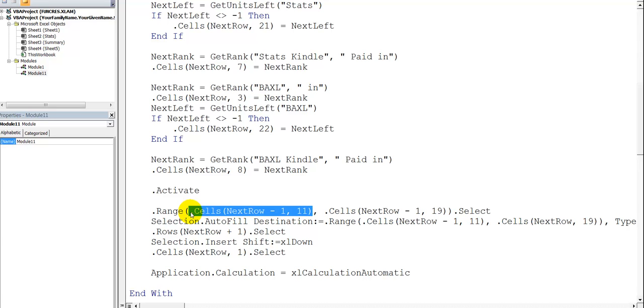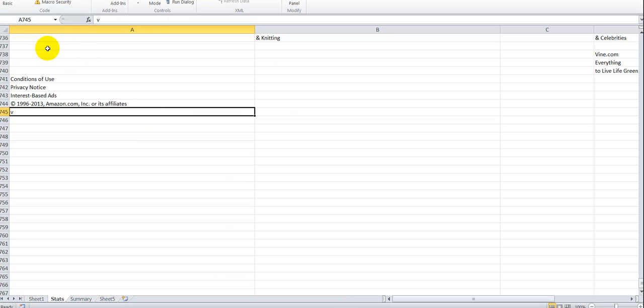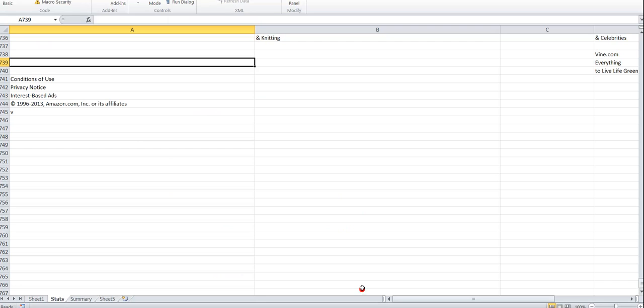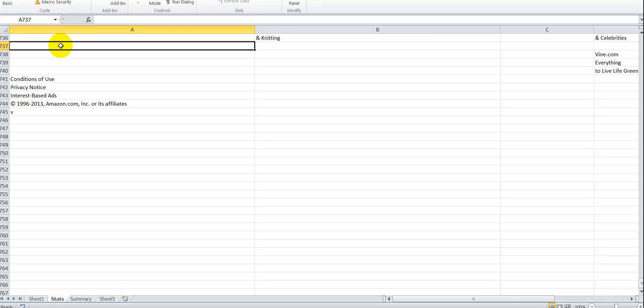So the way range works, one way that it works, is you put a cell address in here, like A4. That would mean the first column and the fourth row, right? Or I could put in A739, that would mean this cell. And you put a cell address here as well. Suppose I put in A737, comma, B740.